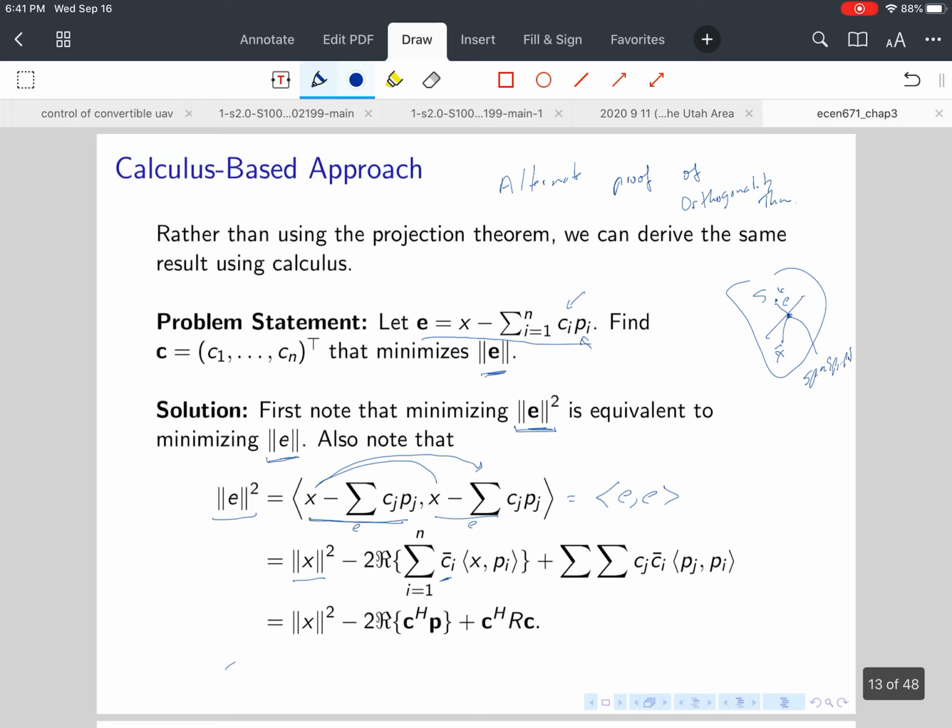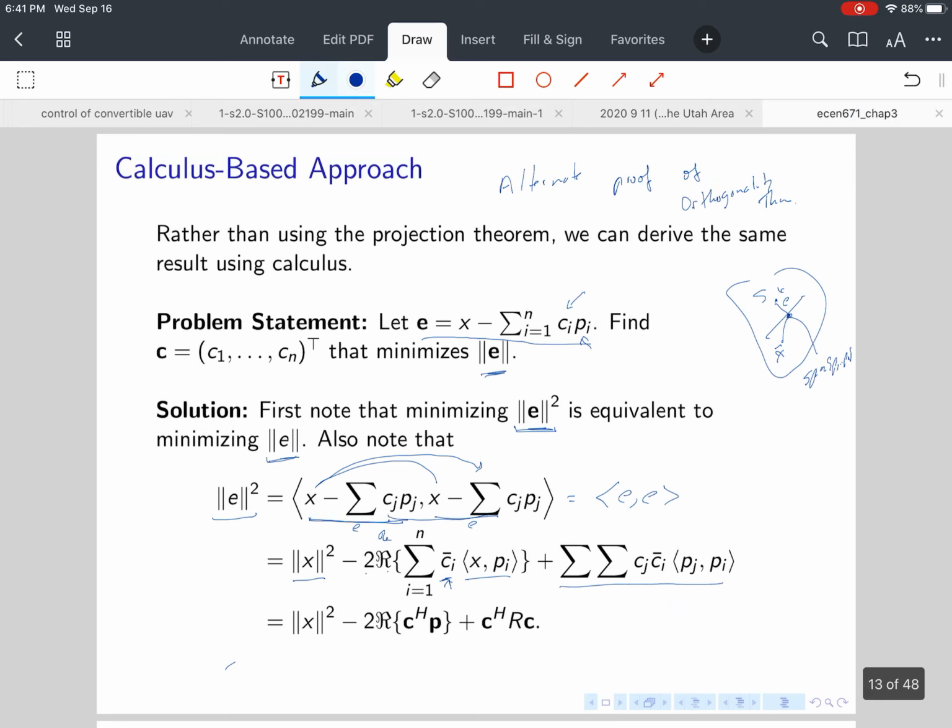x with these vectors, and we pull the coefficients out to get the complex conjugate. And then we have c times p with these, and so it's 2 times the real part. So this notation is the real part of the sum of c_i complex conjugate with the inner product of x with the p_i's.